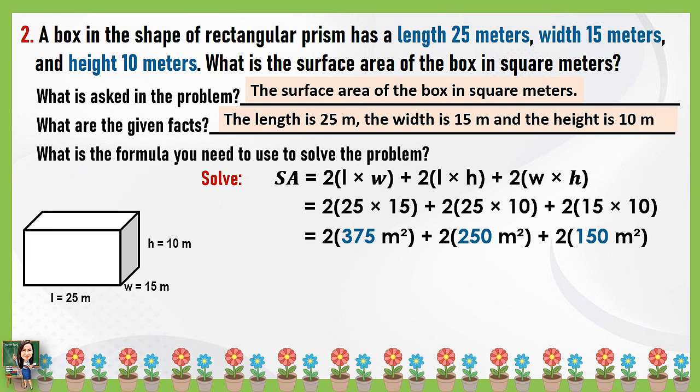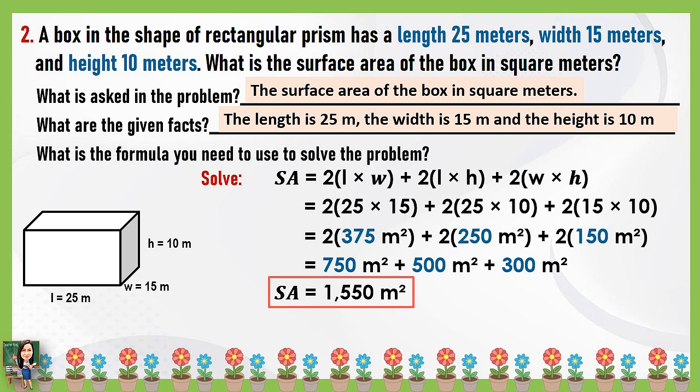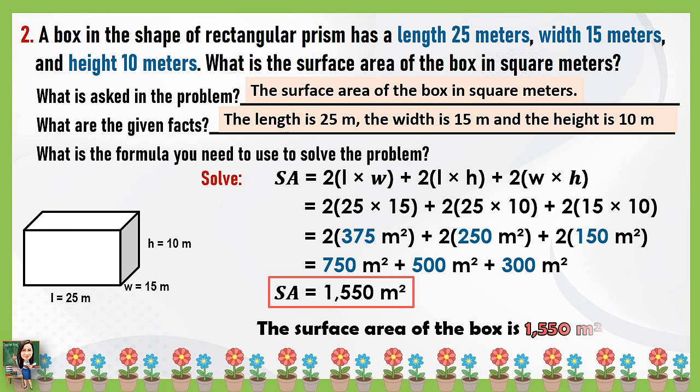Then multiply by 2. 2 times 375 equals 750 square meters plus 2 times 250 equals 500 square meters plus 2 times 150 equals 300 square meters. The answer is 1,550 square meters. So the surface area of the box is 1,550 square meters.